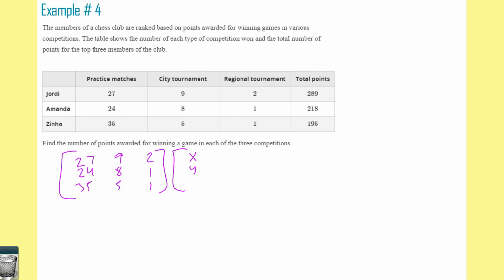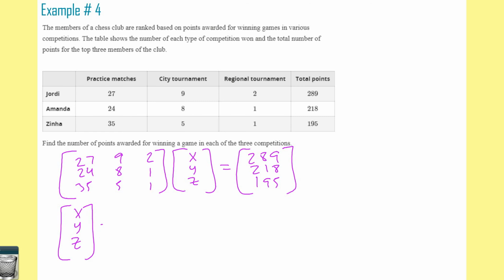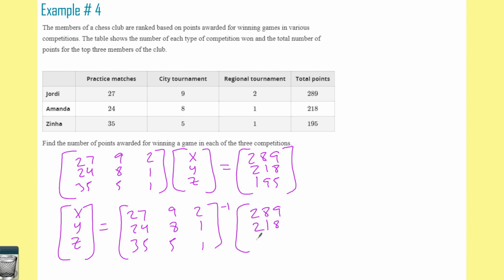So we're going to label them X, Y, and Z. And then it's going to equal 289, 218, and 195. So practice this with your calculator. Plug these numbers in. So you want to do the inverse of this matrix. This is how I can show all my work. And then I'm going to plug it all into my calculator. So the inverse of this matrix, we do that negative 1 exponent. And then we're going to multiply it by the constant matrix.